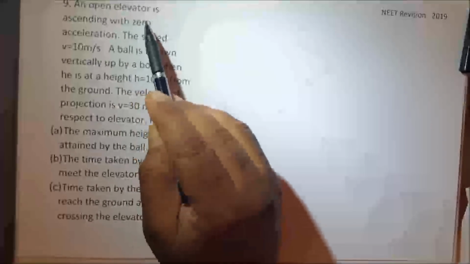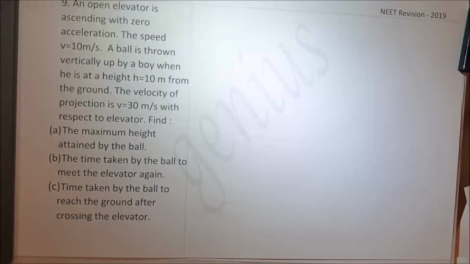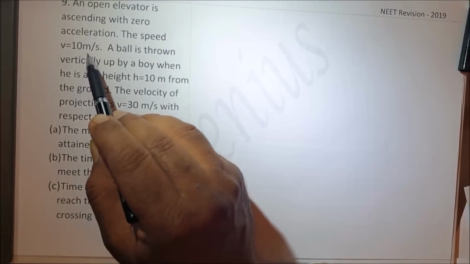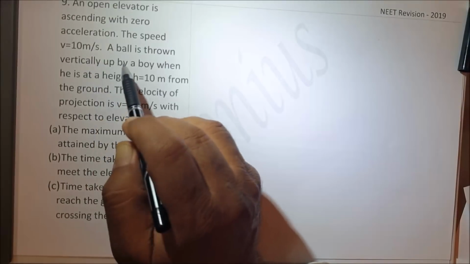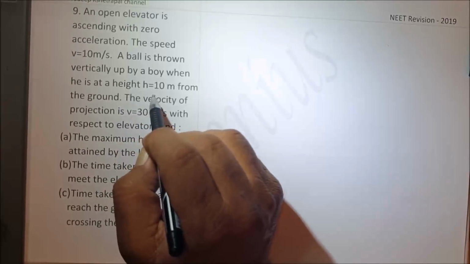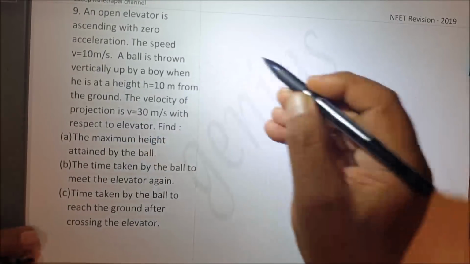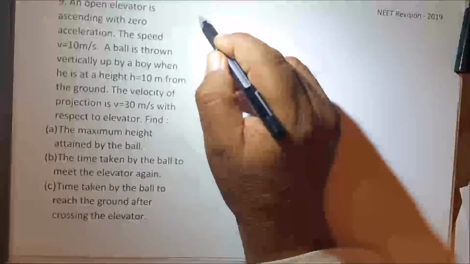An open elevator is ascending with 0 acceleration. The velocity v is equal to 10 meters per second. A ball is thrown vertically up by a boy when he is at a height h equal to 10 meters from the ground. Okay, there is an elevator here.